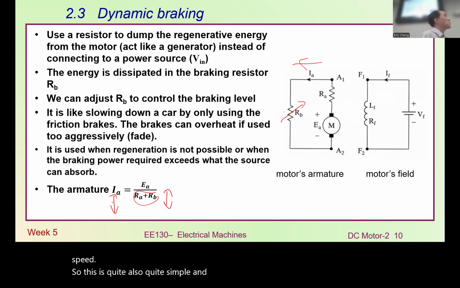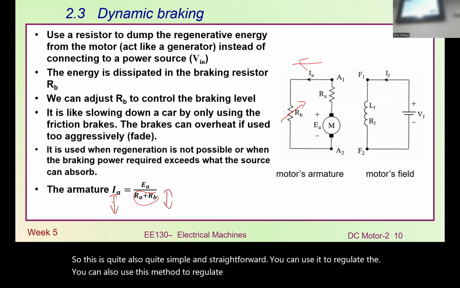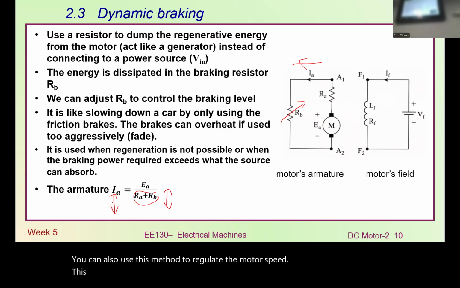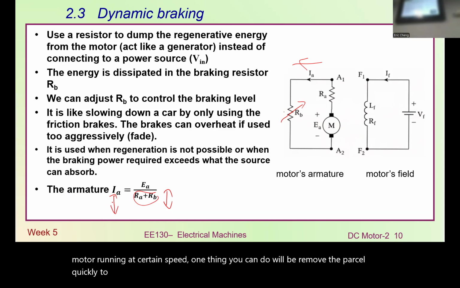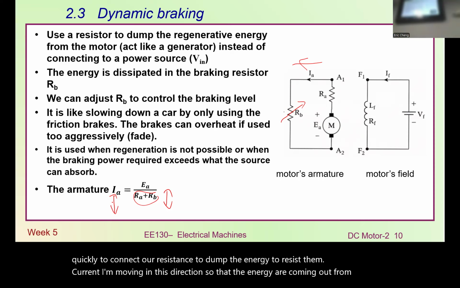You can also use this method to regulate the motor speed. This page will be simple, right? Straightforward. So that means when the motor is running at a certain speed, one thing you can do is remove the power source quickly and connect a resistor to dump the energy into the resistor. Once you see the current moving in this direction, the energy is coming out from the motor.